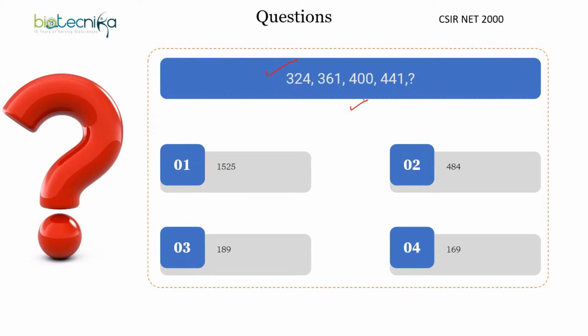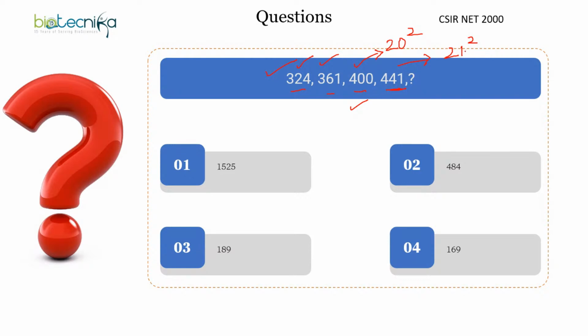इस क्वेश्चन में, what I have to do is just see, कभी कभी we have to see the starting first two numbers. मुझे 324 किसका स्क्वायर है, 361 किसका स्क्वायर है, I don't remember. लेकिन when I see 400 and 441, 400 is 20 ka square, and 441 is 21 ka square, right?